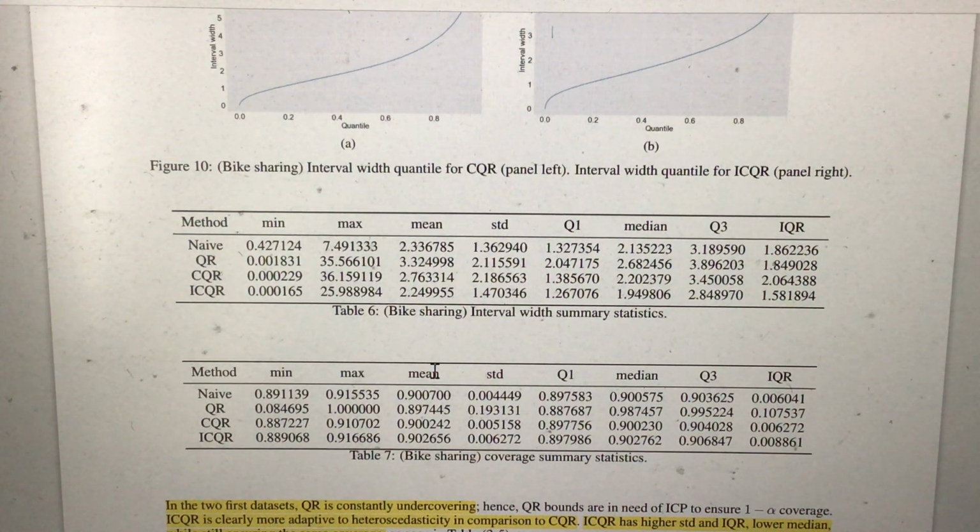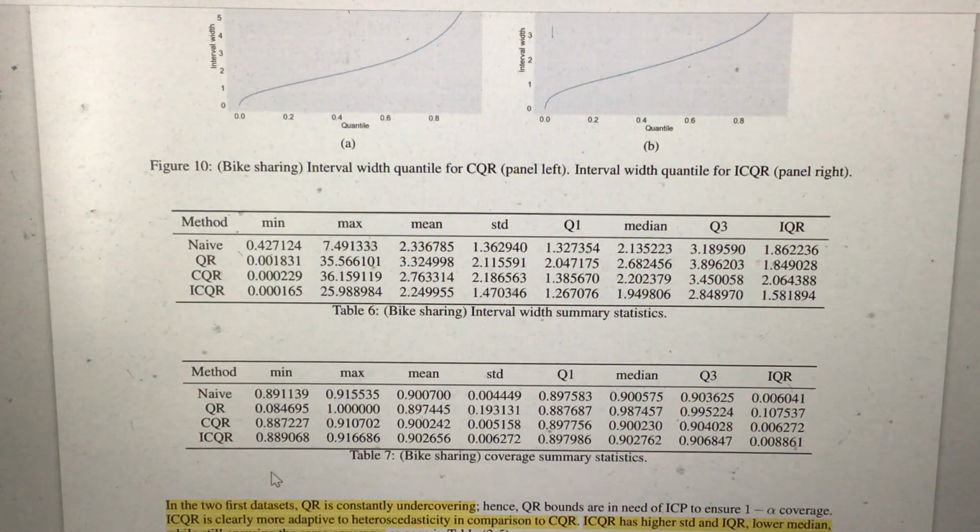For ICQR, the coverage may be a little smaller, because for quantile regression the maximum is maybe 100%, but ICQR will be smaller, though most of them are around 90%.